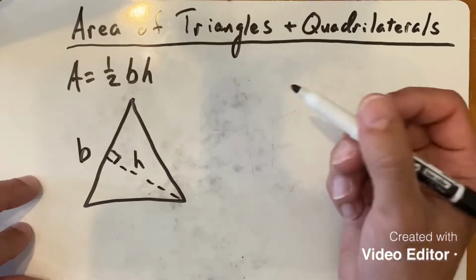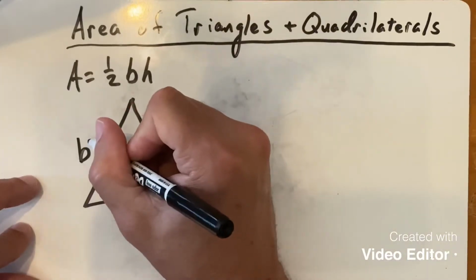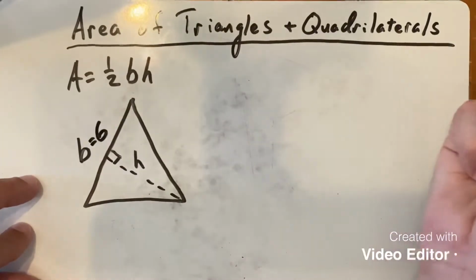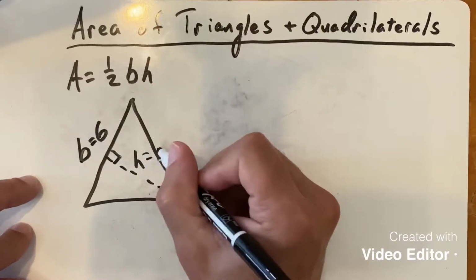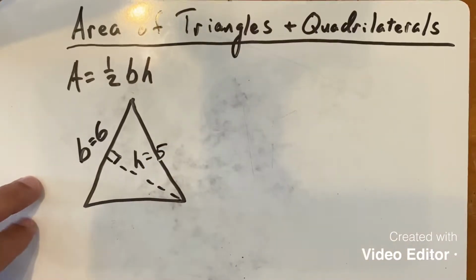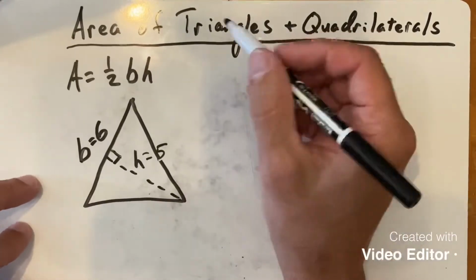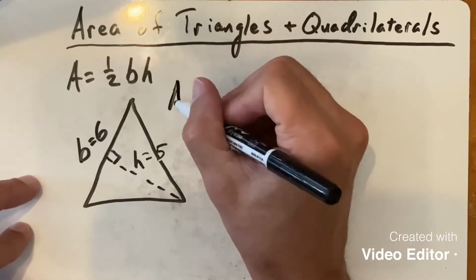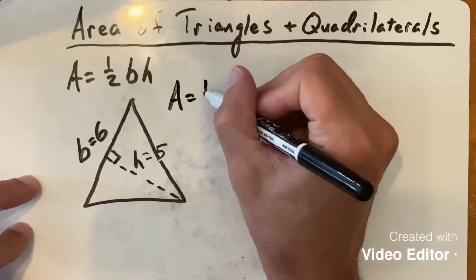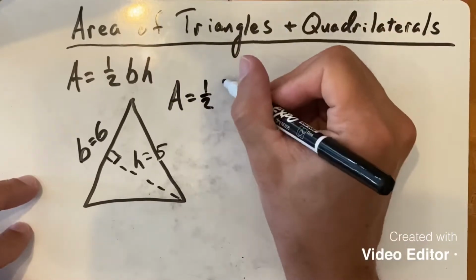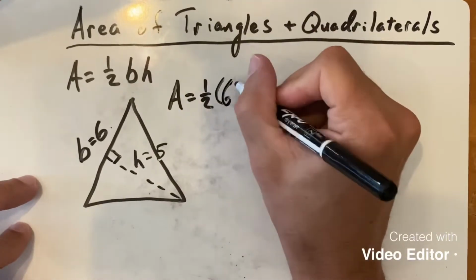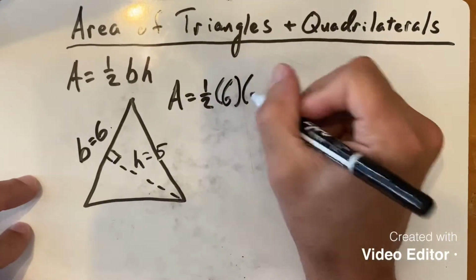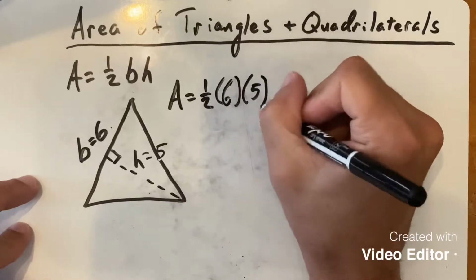Let's say, for example, in this case, b is equal to 6, and my height is equal to 5. I want to find the area of that triangle. I'm going to simply plug it into my area equation. So area equals 1/2 times the base, which is 6, and the height, which is 5.